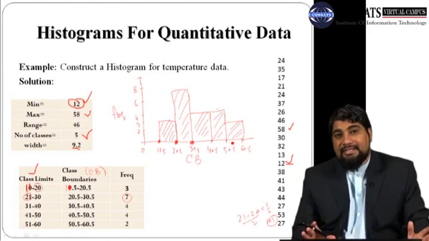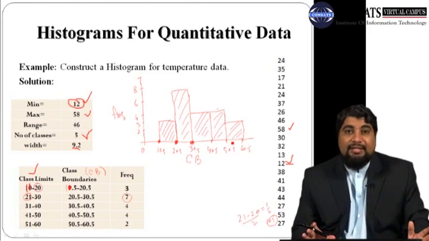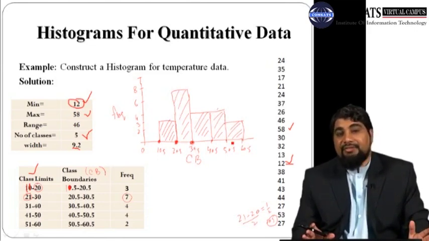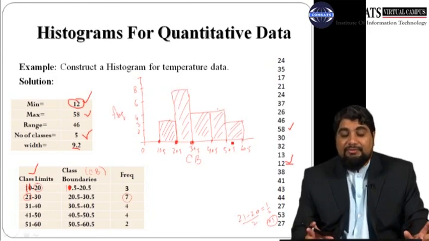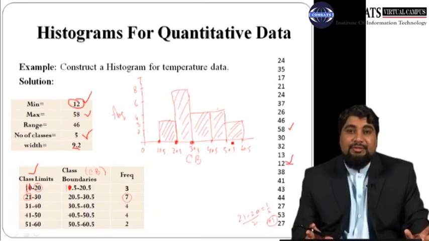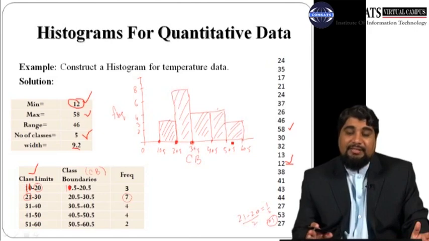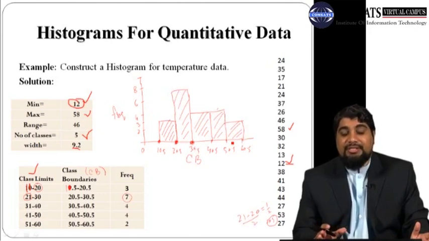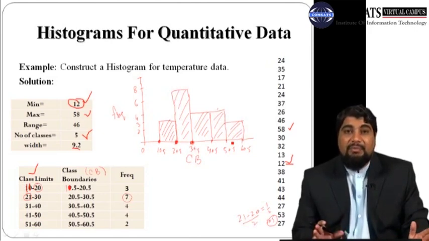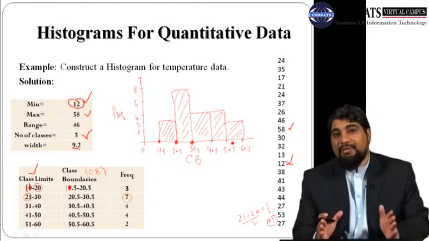So you need to note several points regarding the histogram, that is, how a histogram is different from the bar chart. The first point which should be noted is that along the x-axis now we have class boundaries, whereas the y-axis is the same as frequencies, and the bars are now connected, there is no gap between the bars.